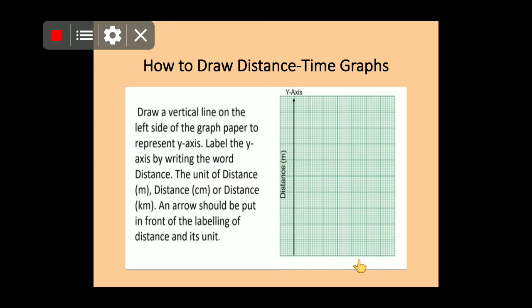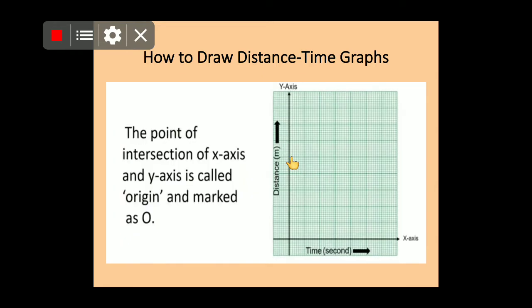So similarly, we have marked time on the x-axis and distance on the y-axis, and similarly the SI unit, or whatever unit the data is given in, we have to write it in the bracket. Now students, where these two axes meet, we will mark it as O, and that is known as the origin point.